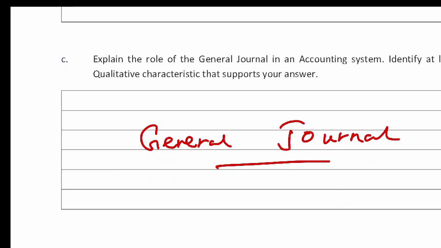Provides information that is relevant, faithfully represented, and verifiable.